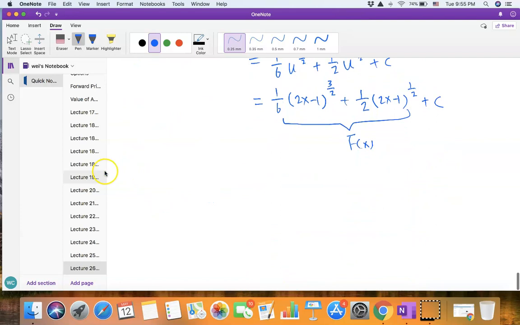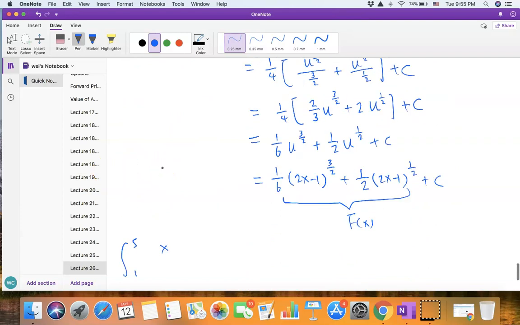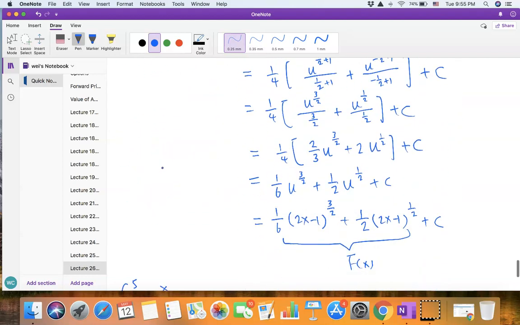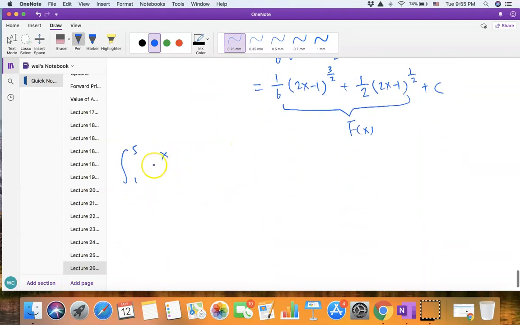And then this definite integral of x over the square root of 2x minus 1 dx will equal this, where x goes from 1 to 5.